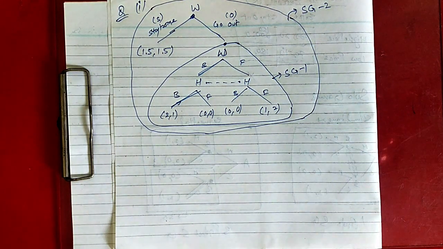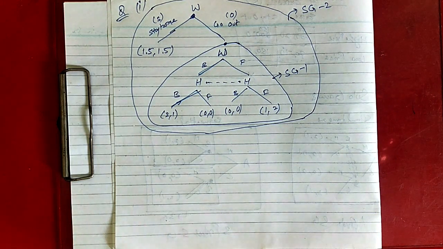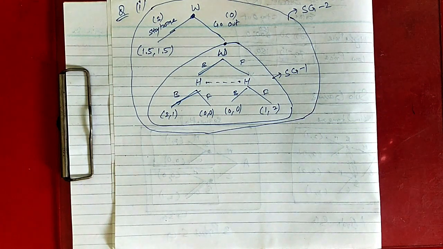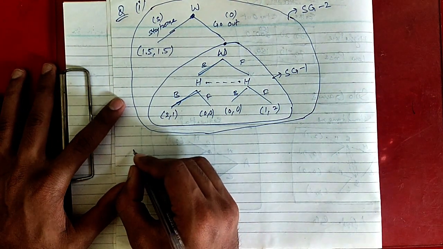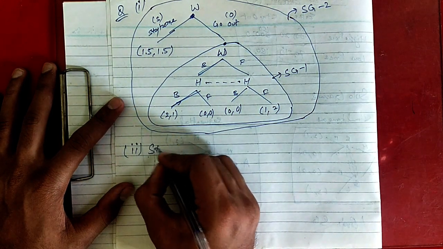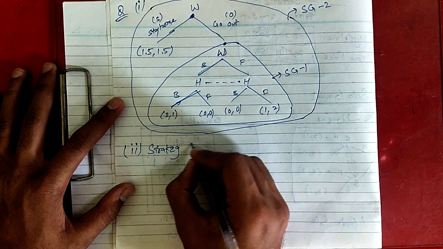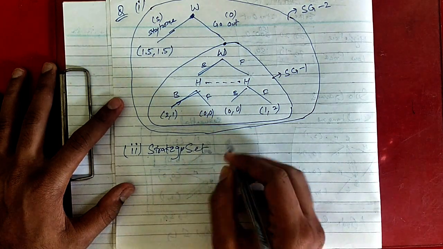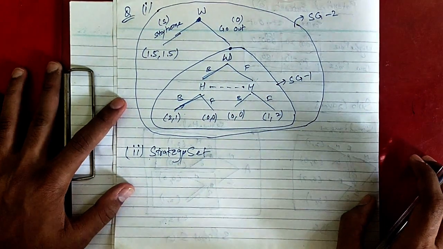The second part is to write down the strategy set of each player. So now you have to write down the strategy set. Let's see how we write the strategy set for the above game which we are discussing right now.